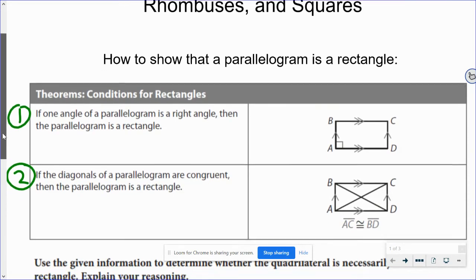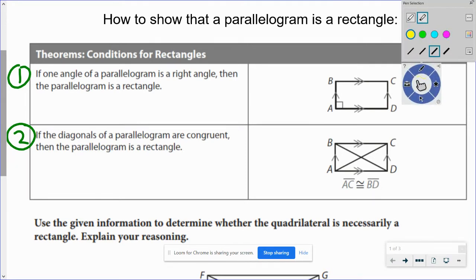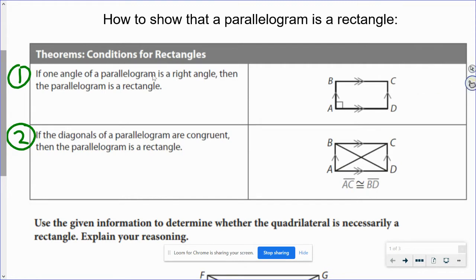Well, there's one of two ways you can do that. First of all, if you currently have a parallelogram, so you've already proven somehow that that's a parallelogram, whether you have opposite sides parallel or whatnot, you do already have that established. If that parallelogram has just one right angle, that is enough to prove that it's a rectangle. Why?